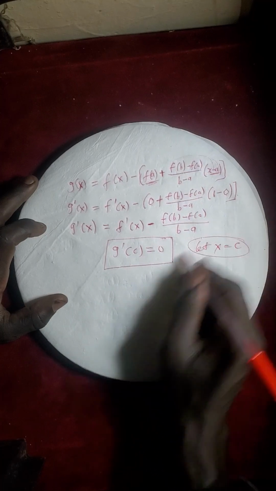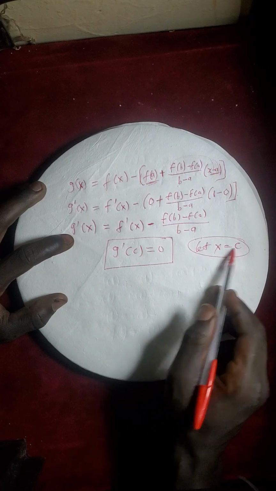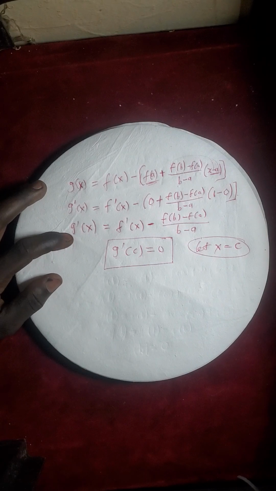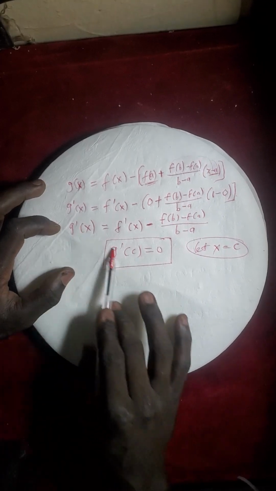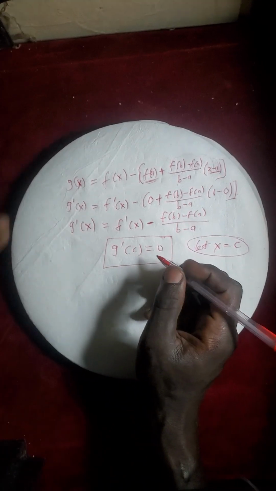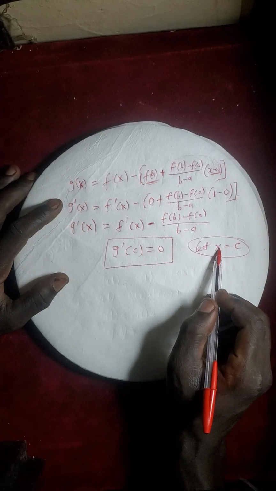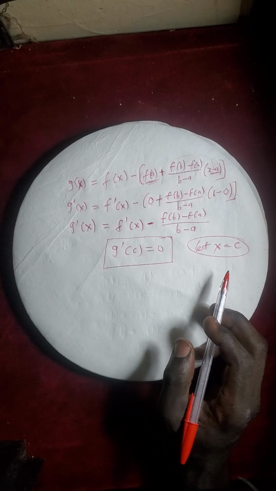A c. So if your x becomes a c, then this thing should be a 0. There is a concept here. The concept is saying let g of x become a 0, but that x should become a what? A c. So that is the concept there.